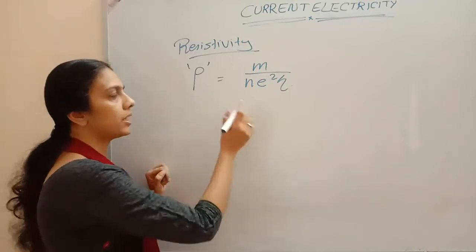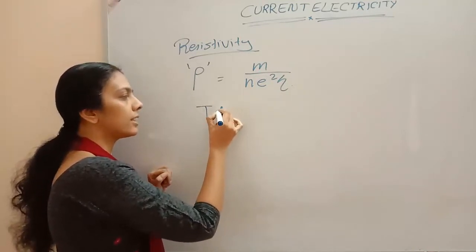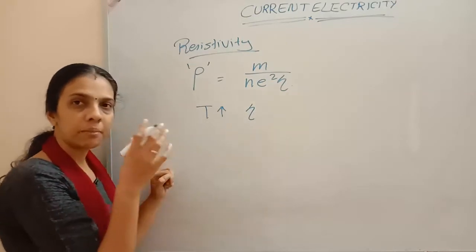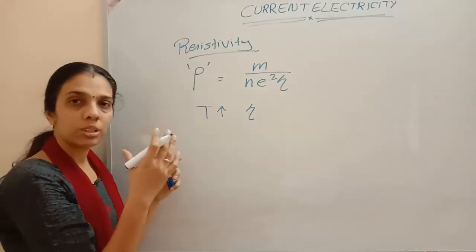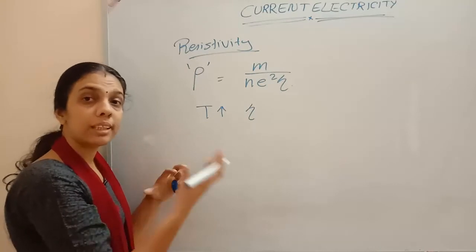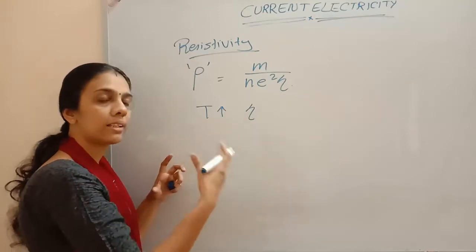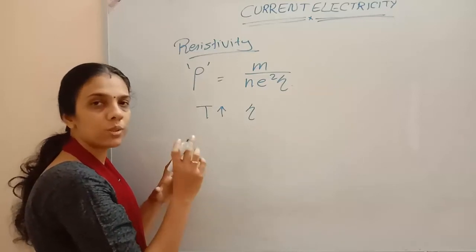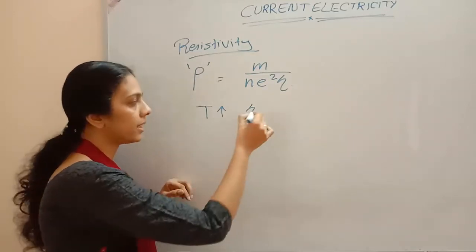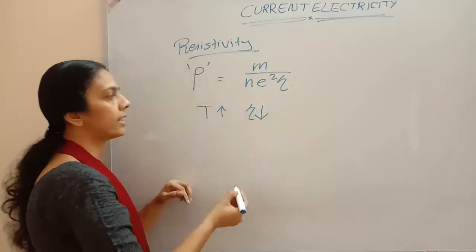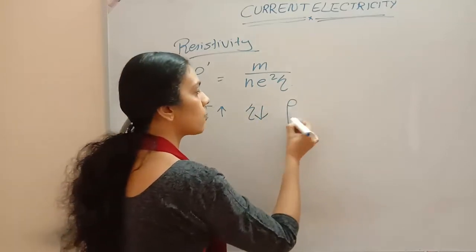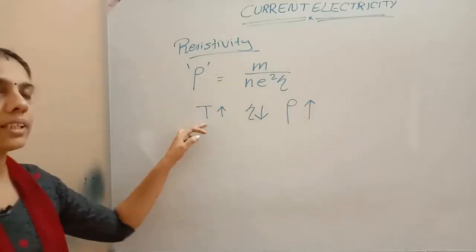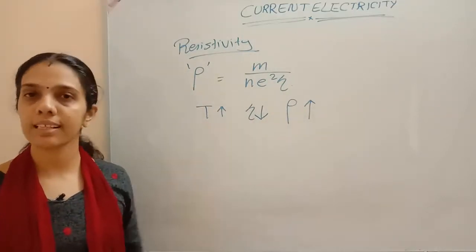Yesterday while explaining, I told you as temperature increases, the relaxation time decreases. Collisions between the molecules increase, meaning the time between two successive collisions decreases. So if tau decreases, rho will increase. As temperature increases, rho will increase, I told you.